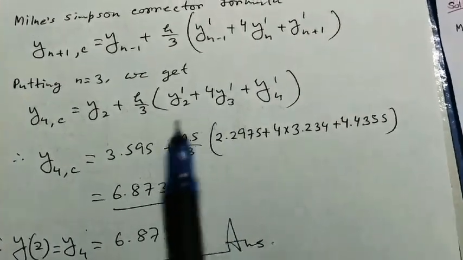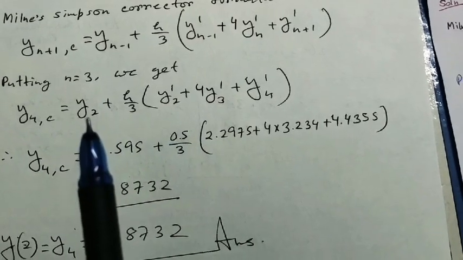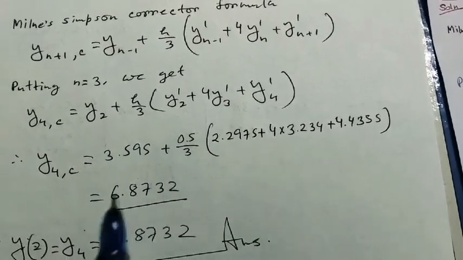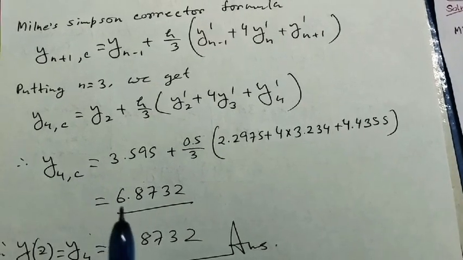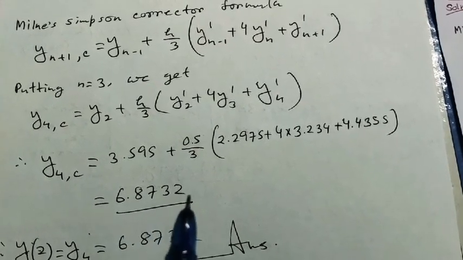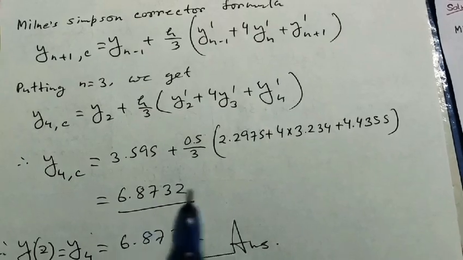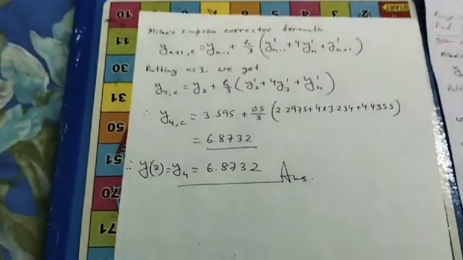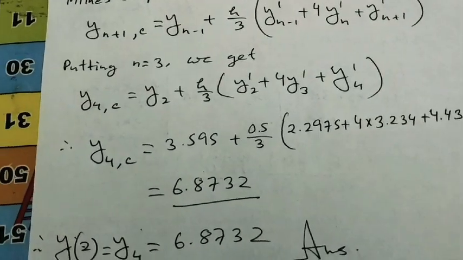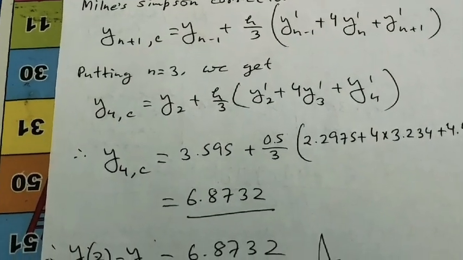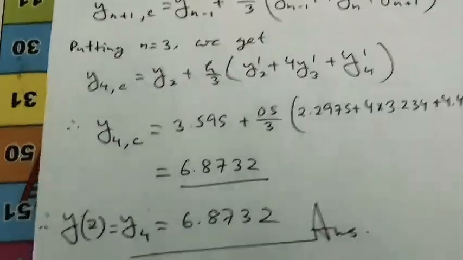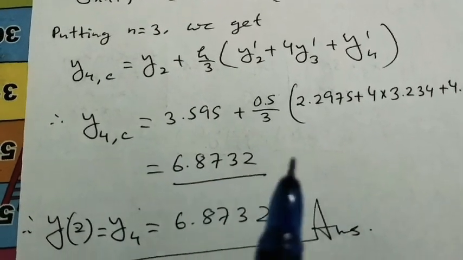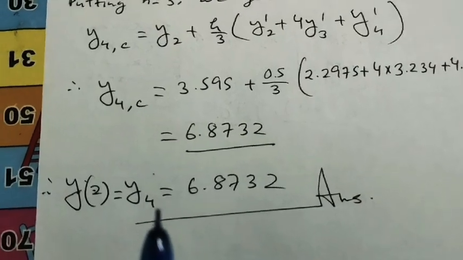Putting all these values, what we have calculated and what we have from the question, we will get y4c equals 6.8732. Now this is not our final value, again we have to find y4c. Yes, this is our final value. So 6.8732 will be our y4.